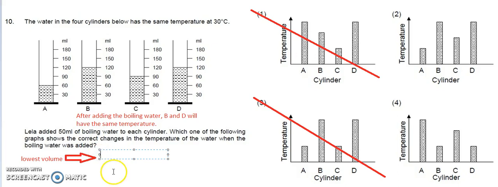If you look at A, which is the lowest volume, what will happen to the measuring cylinder with the lowest volume is that the boiling water loses less heat to the water with the lowest volume.